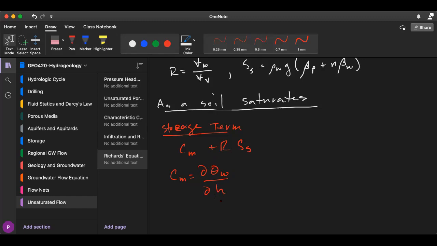Once I become saturated, does it change at all? It never changes. So what is the value of this derivative? Remember, this says the change in theta sub W per change in head. Well, if theta sub W is not changing, the change in theta sub W is 0. So this goes to 0 at saturation.